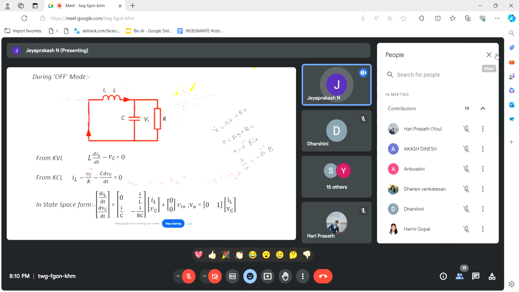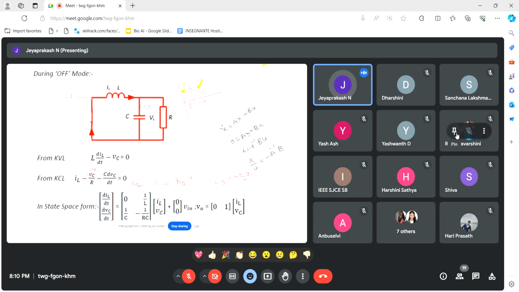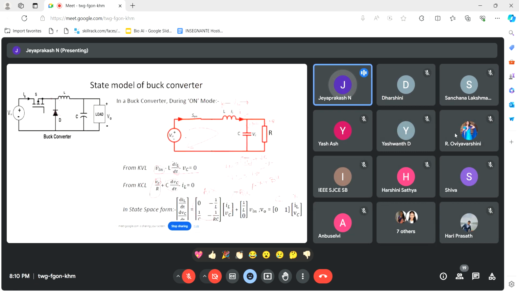I am going to find two transfer functions. Why two?